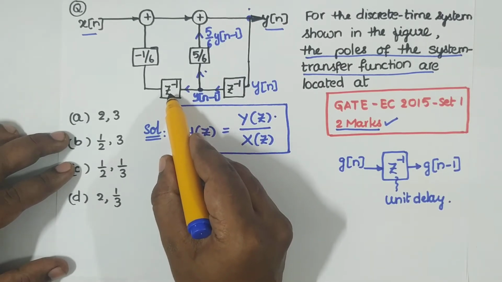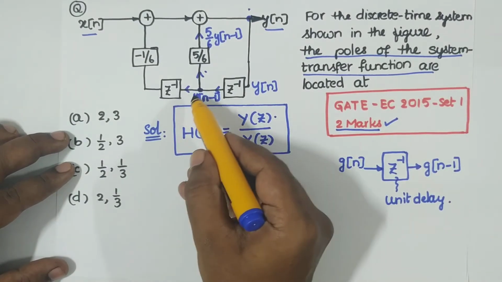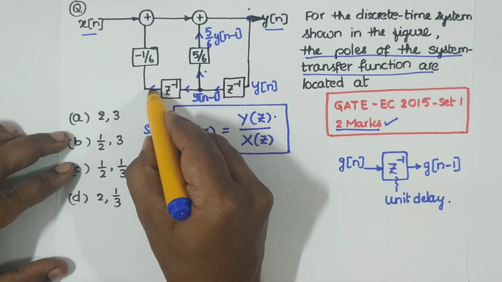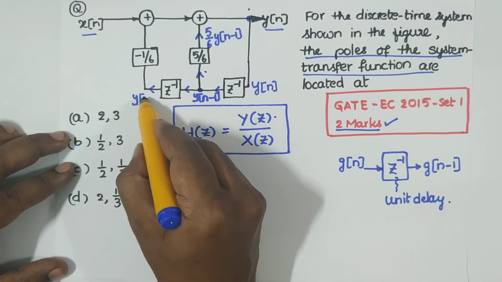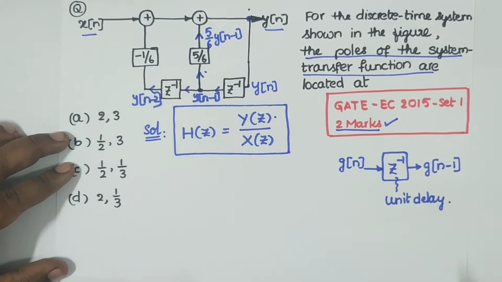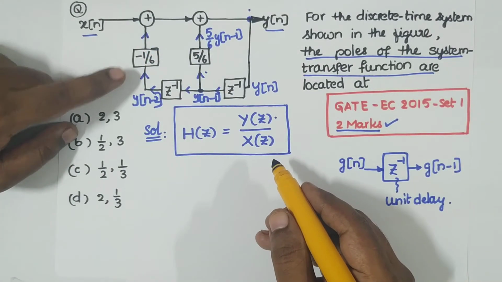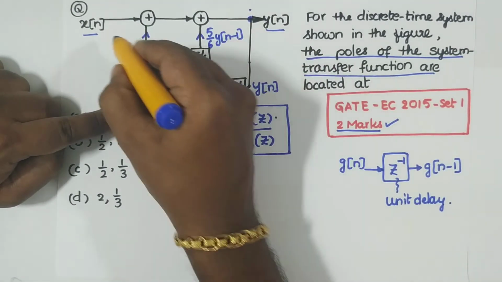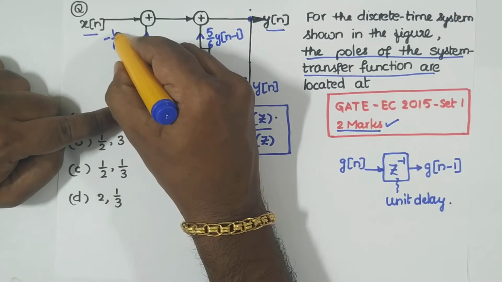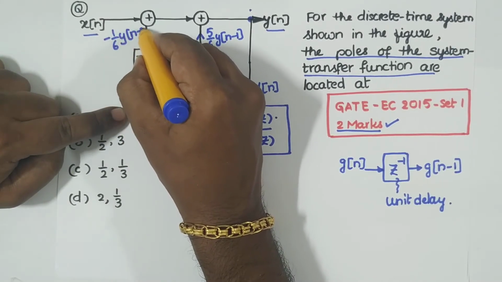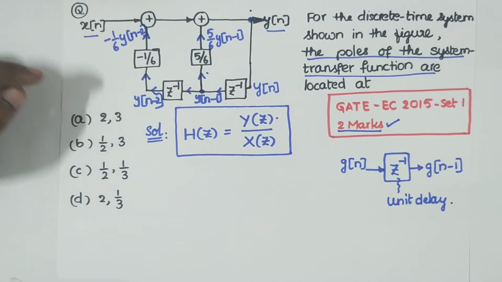You have one more unit delay here, so y of n minus 1 undergoes this and you will get y of n minus 2. Here also we have y of n minus 2. Now we have to multiply negative 1 by 6 with this y of n minus 2, so you have here minus 1 by 6 y of n minus 2.